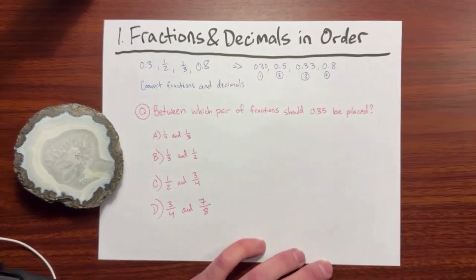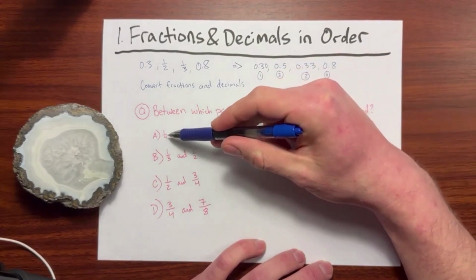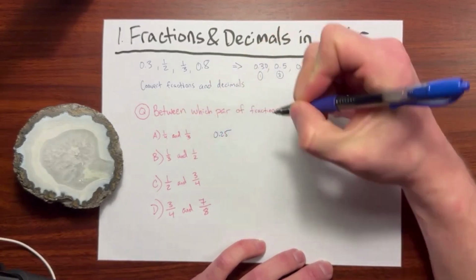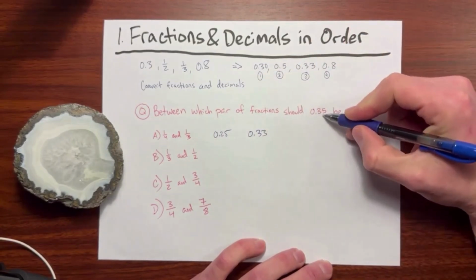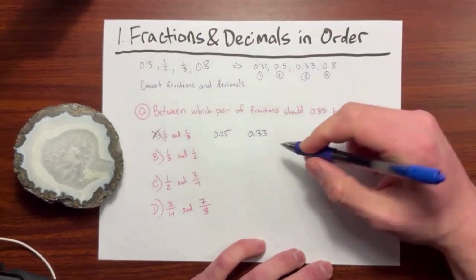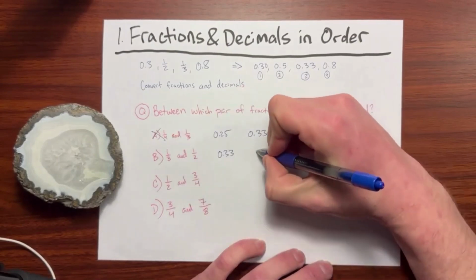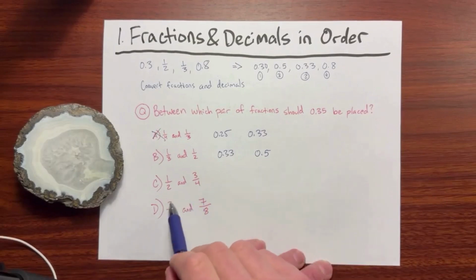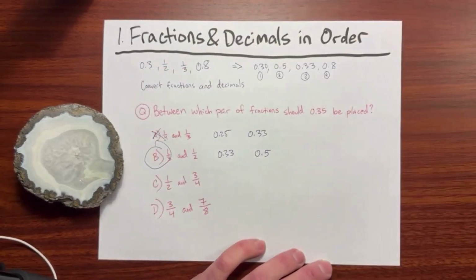So starting off up here between 1/4 and 1/3, and if we convert that, that would be 0.25 and 0.33, and we see that it is not between those two, but if we move on, we have 0.33 as 1/3 and 1/2 at 0.5. And as we can look ahead and see that they only get larger at this point, so we know that B is going to be the answer.